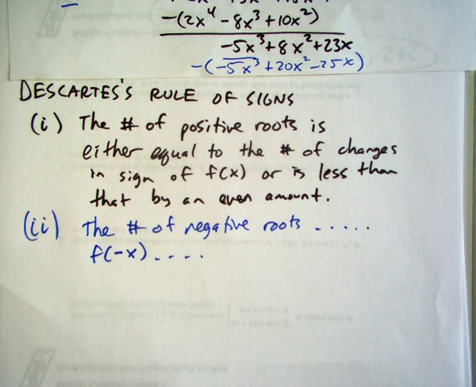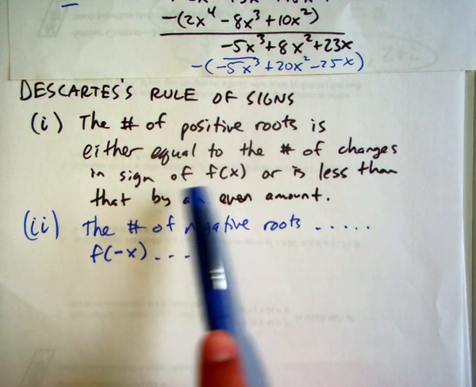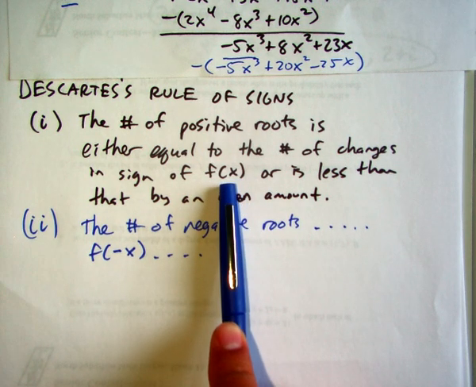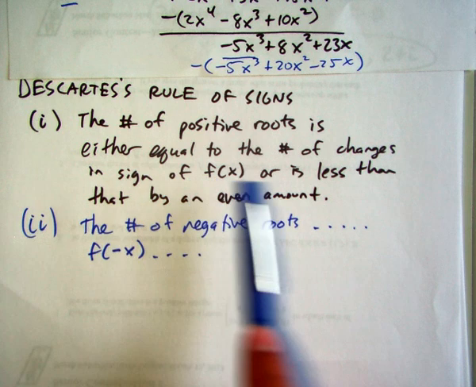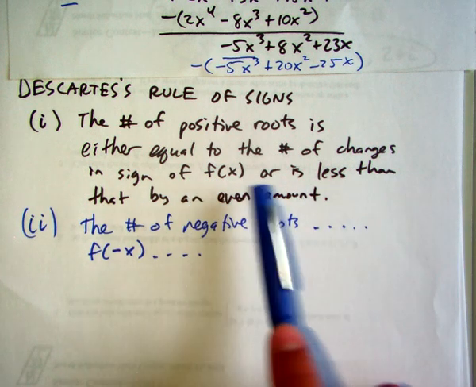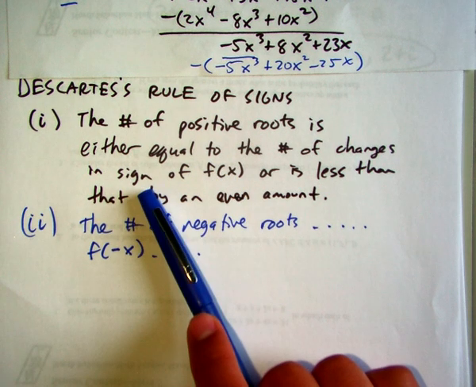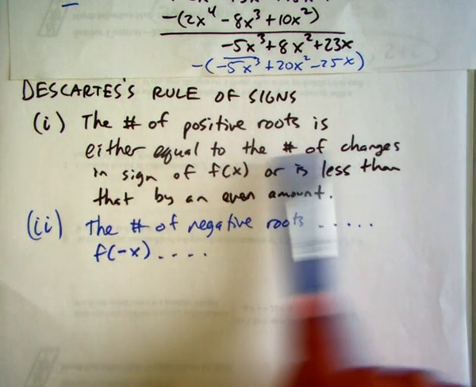Okay, and I think this will make more sense when we do an example, but all you do is look at the original polynomial, which is f of x, and you look at the coefficients. If they're all positive, we say that there's no change in sign. They don't change from positive to negative, so there's no changes, so we say that there's 0 sign changes, which means that there's 0 roots.